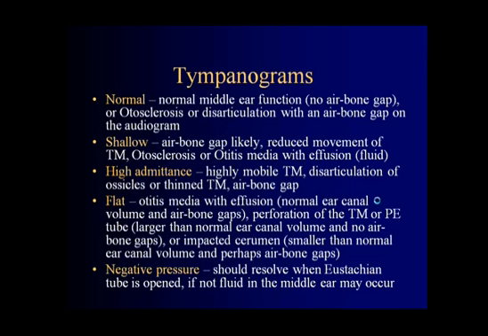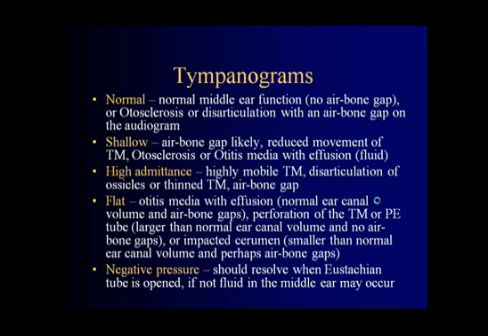A shallow tympanogram, we would expect an air-bone gap most likely, and reduced movement of the tympanic membrane. This could be secondary to, again, otosclerosis or otitis media with effusion.